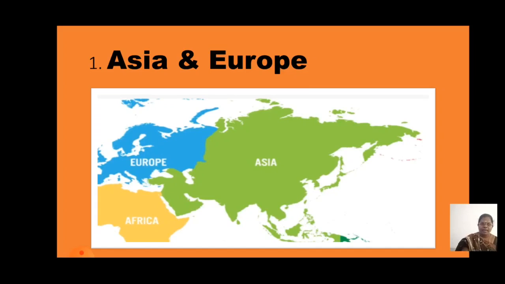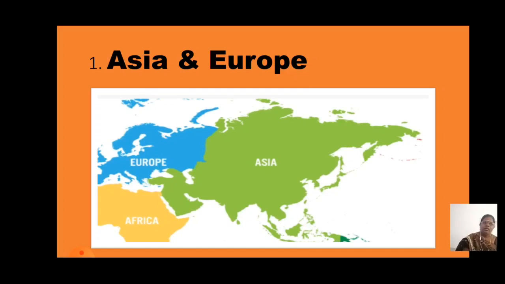Then we will understand the climate and natural vegetation, the economic activities undertaken and the resources we can get, and become apprised of the cultural mosaic of both continents. We will also gain the skill of locating given places.